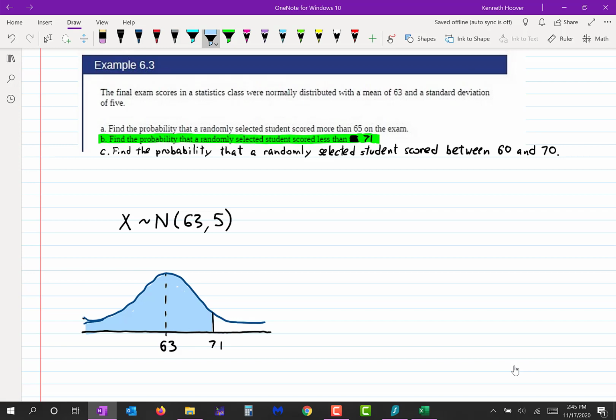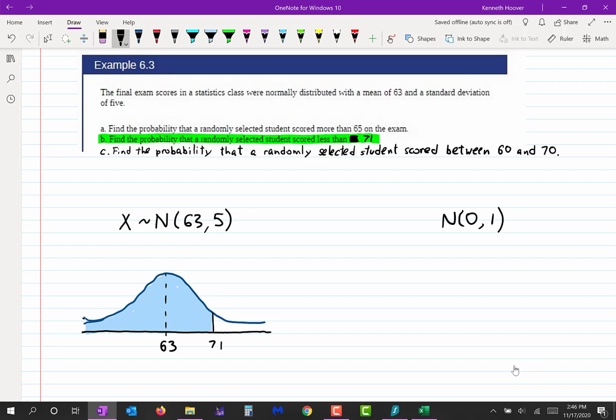Okay? Now, there's a bit of a problem we run into. We do not have a table in the back of the book for this distribution. And Excel does not have the numbers for that distribution programmed into it. The only distribution that we have numbers for is the normal distribution with a mean of 0 and a standard deviation of 1.